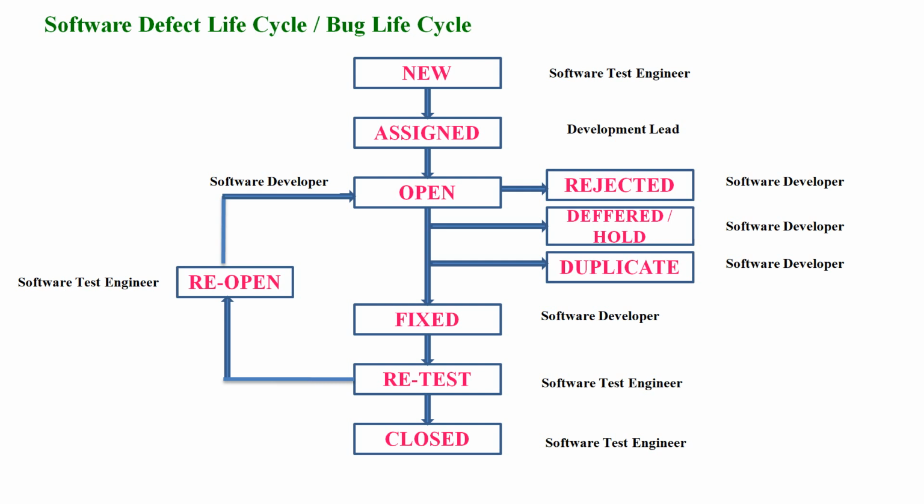I repeat here, this is a very important stage. Once the defect is fixed by the concerned software developer, the concerned software test engineer, the test engineer who has found the defect and reported the defect, will do retesting to verify whether the defect is fixed properly or not, whether the defect is properly corrected or not, whether this defect is properly resolved by the developer or not.